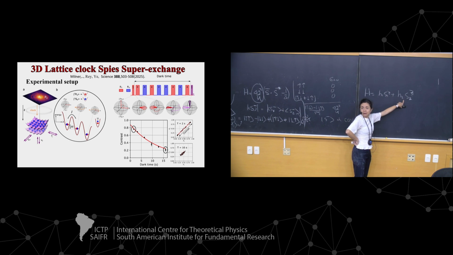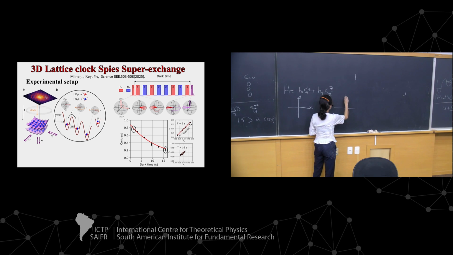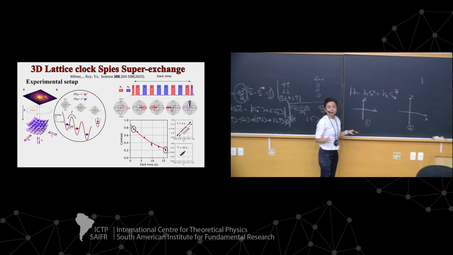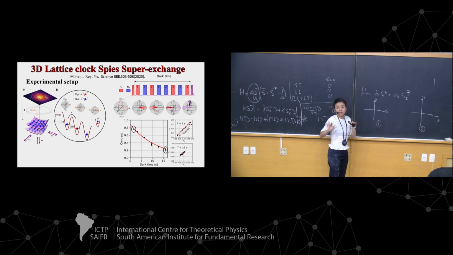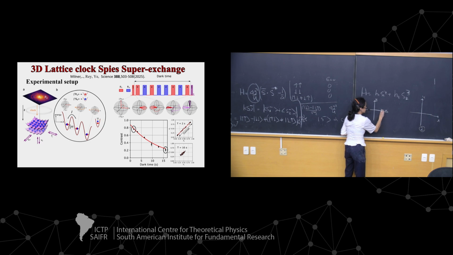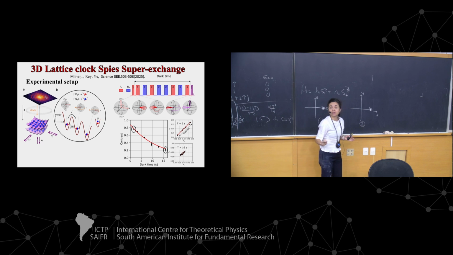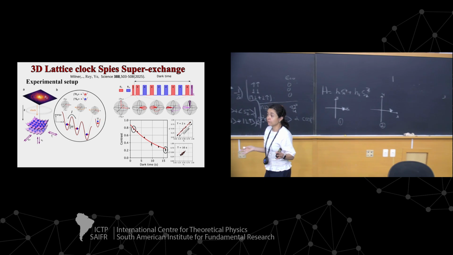And I want to do a Ramsey protocol where I prepare the spins, and I'm going to write it in the XY plane of the Bloch sphere, for spin 1 and spin 2. Imagine that at time equal to 0, I put my particles in the XY plane, pointing along the X direction. Then I let my system evolve for some time t.